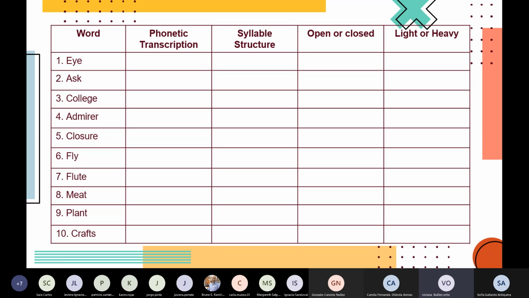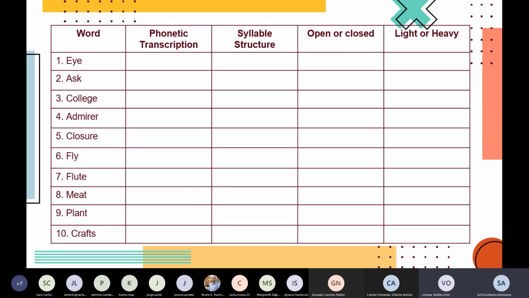Sorry, I couldn't hear you the question. Which word? Don't worry. Number 5. Okay, the syllable structure. These have 2 syllables. The first one is consonant, consonant, vowel, open and light. And the second one, sorry, consonant, vowel, open and light.